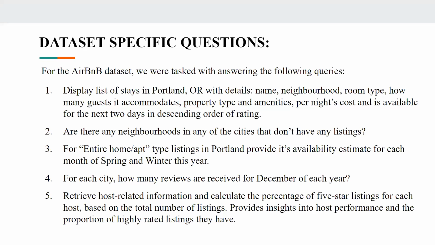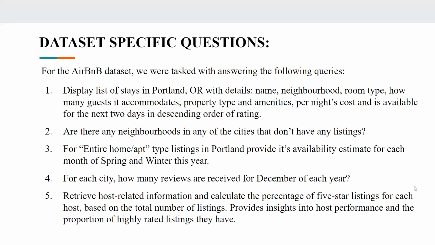The third question is, for entire home or apartment type listings in Portland, we need to provide the availability estimate for each month of spring and winter this year. The fourth question was, for each city, how many reviews are received for December of each year? And the last question is, we need to retrieve host-related information and calculate the percentage of 5-star listings for each host based on the total number of listings. We also need to provide insights into host performance and the proportion of highly rated listings they have.